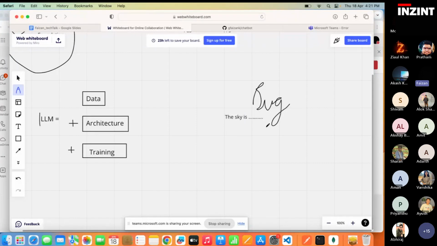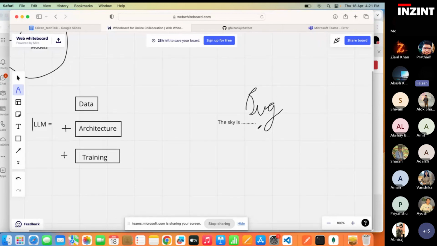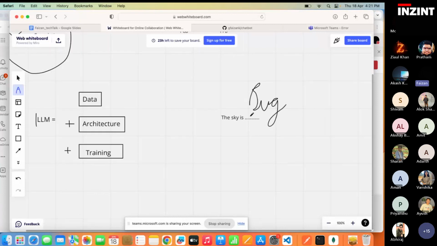Having said that, back to our proposition: the model keeps doing this, gradually improving its word predictions, and this keeps improving until it can reliably generate coherent sentences. Forget about bug here, it can figure out it's blue. I gave this example of the bug to show what is inaccurate.